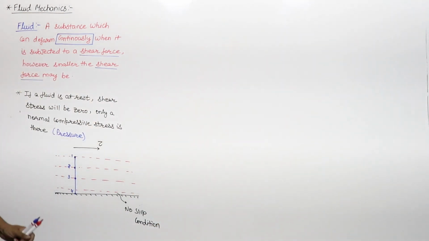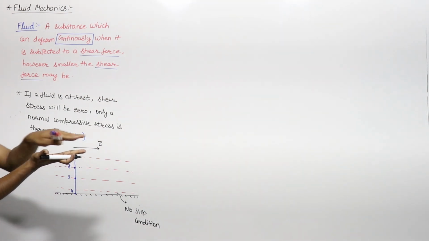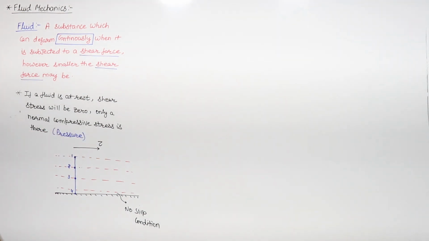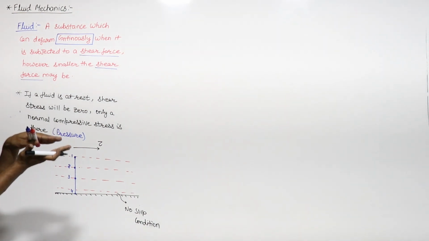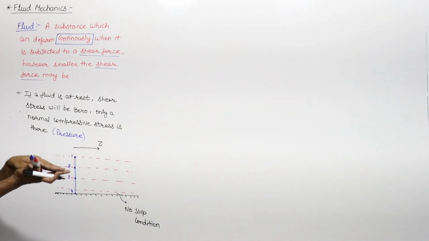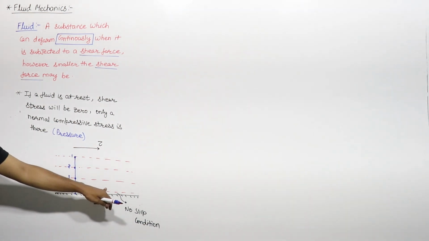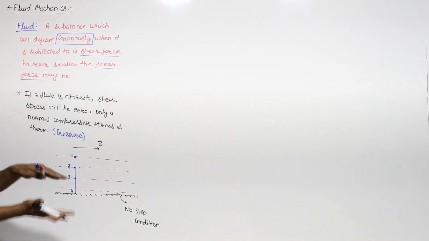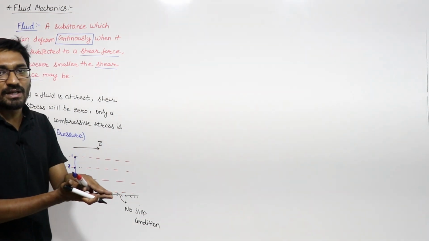No slip condition means there is no slip between the solid surface and the layer which is in contact with it. It means there is no relative velocity between them.